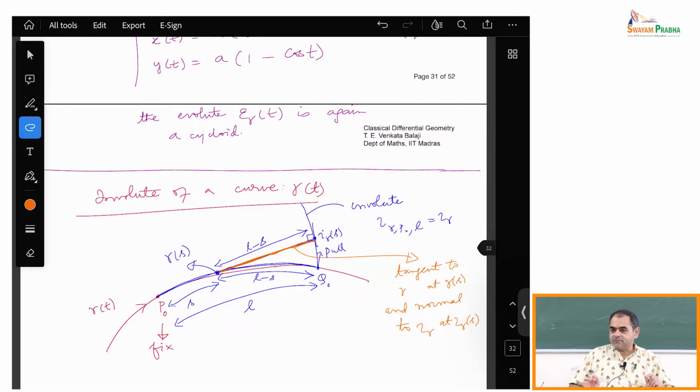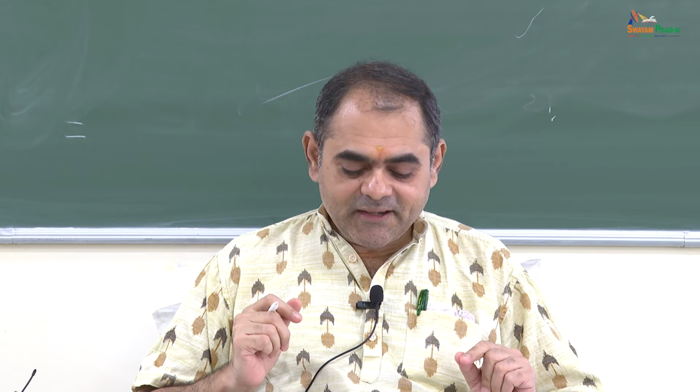Look at I gamma and look at the normals to I gamma. The normals to I gamma are the tangents to gamma. And if you take the envelope of the tangents to gamma, you'll just get gamma. Therefore, what do you get?